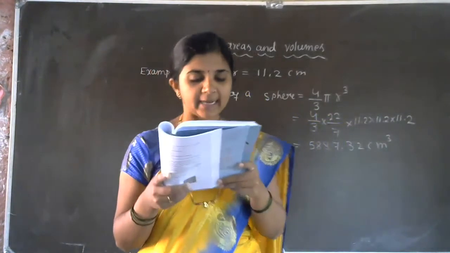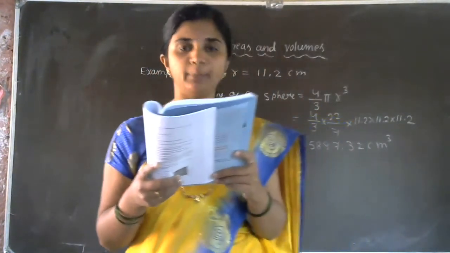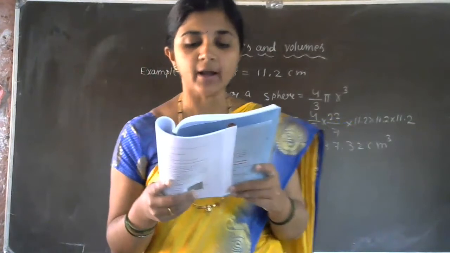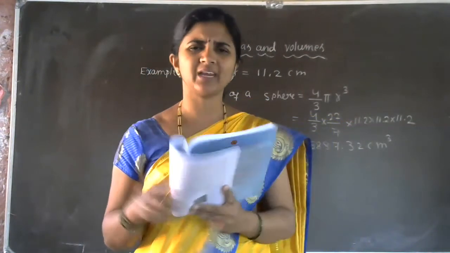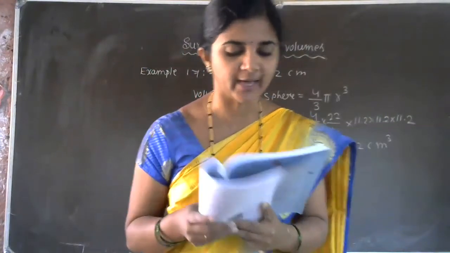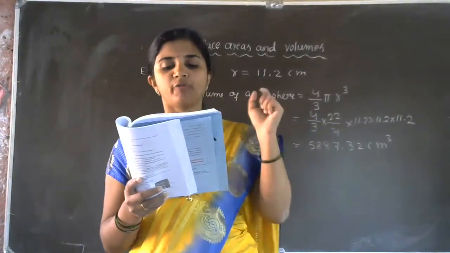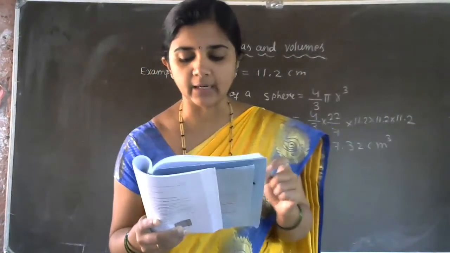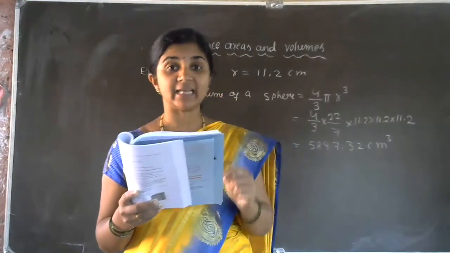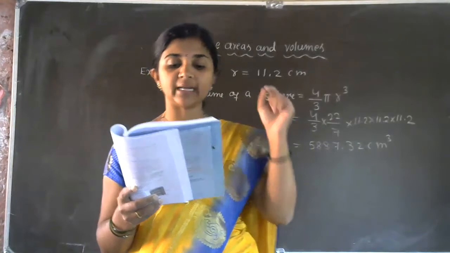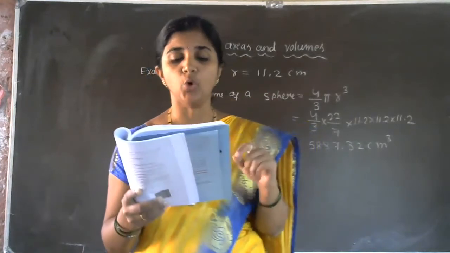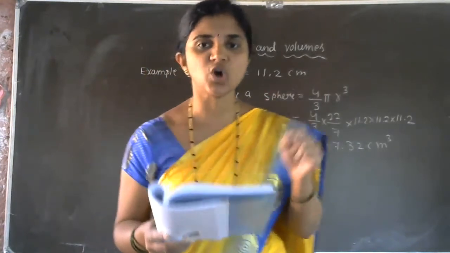Next, look at the next problem, example 18. A shot put is a metallic sphere of radius 4.9 centimeter. You all know a shot put. If the density of the metal is 7.8 gram per centimeter cube, then find the mass of the shot put.